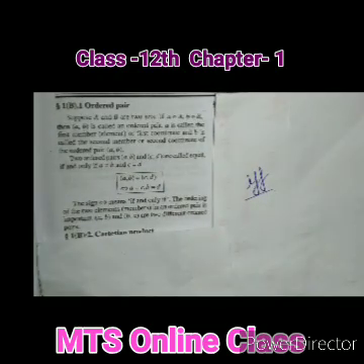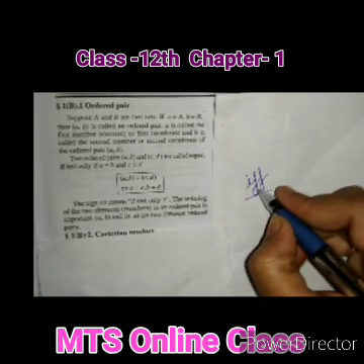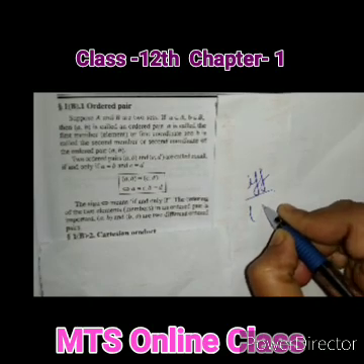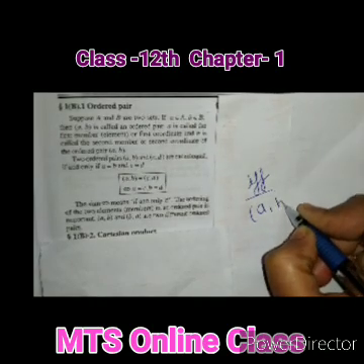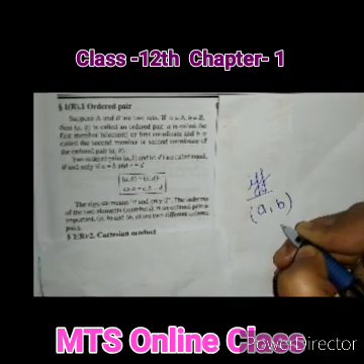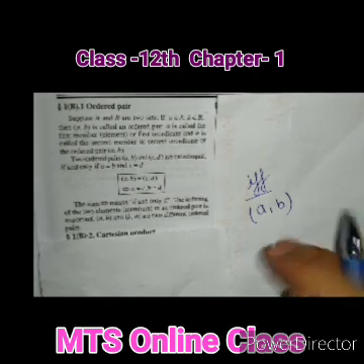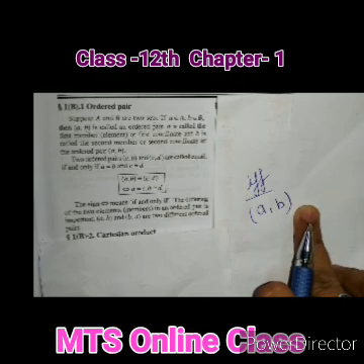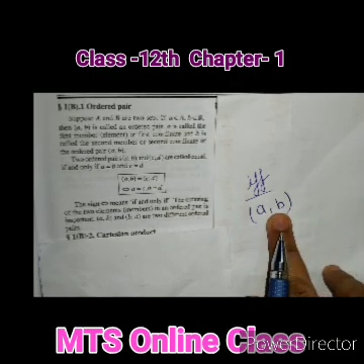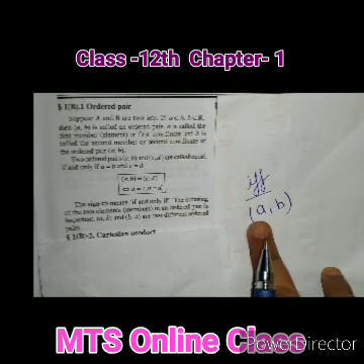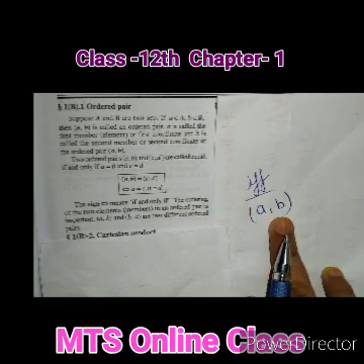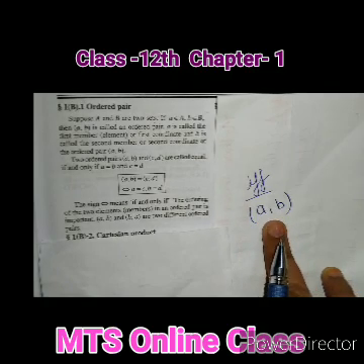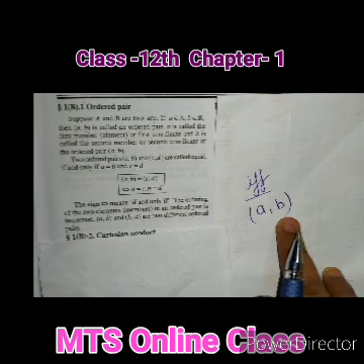If and only if. We separate, we write like that A and B. The pair of entries A and B which are separated by commas and enclosed with the bracket, such type of a pair is called an ordered pair.